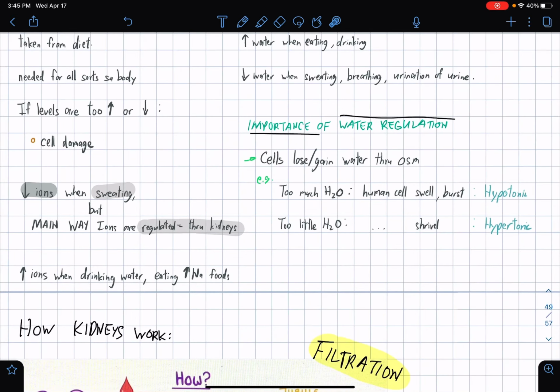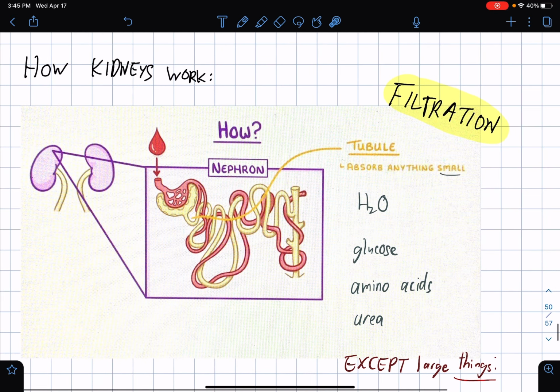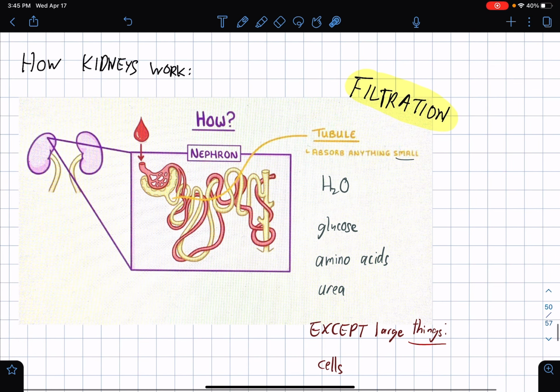Anyways, let's go to how kidneys work. So how do they work? We have something called the nephrons. I'm not sure if they could be safely called capillaries in the urinary system, but basically they're a small network of tubes where blood passes through.